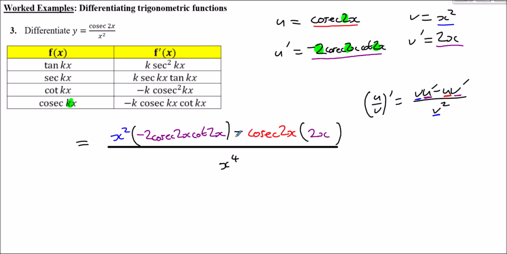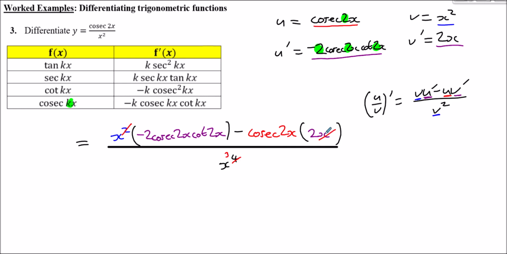All we need to do now really is try and neaten it up if we can. So what I'm going to suggest we do is simplify by cancelling an x on numerator and denominator. X squared divided by one of these x's will give us just 1x. We can change that to x cubed. And if I divide the other term by x and the x down here, that x will cancel.